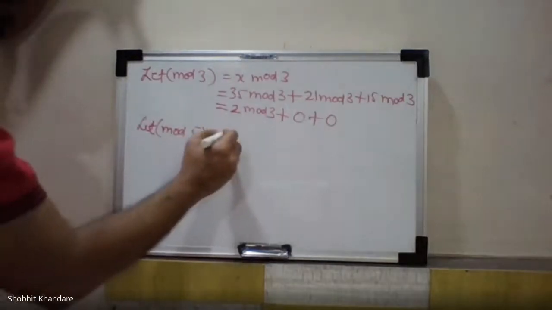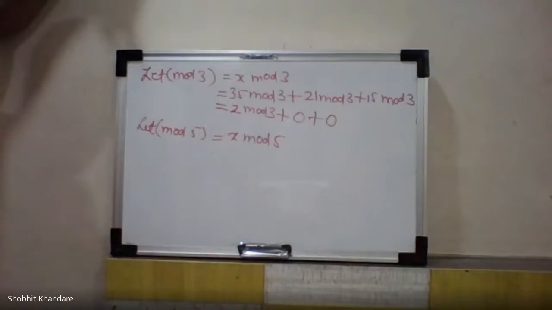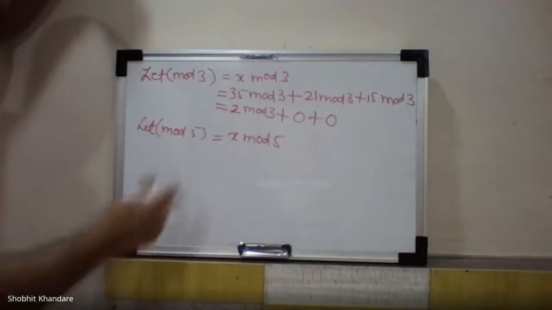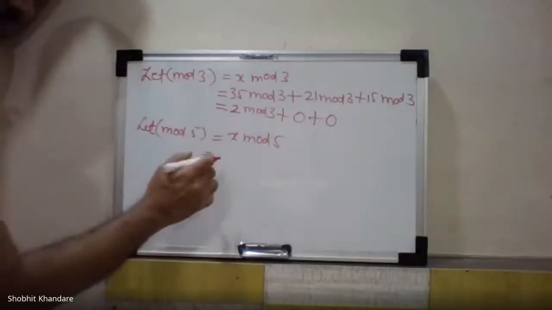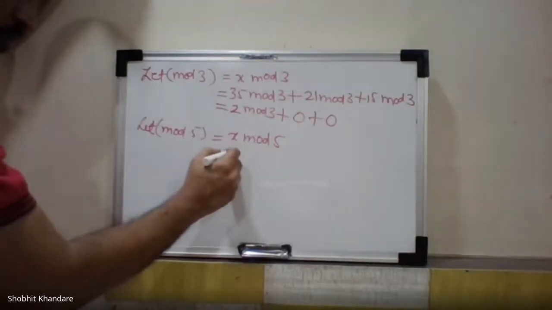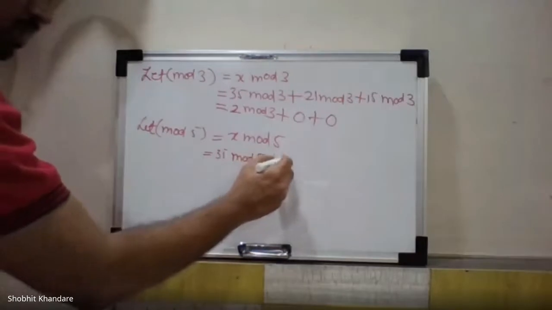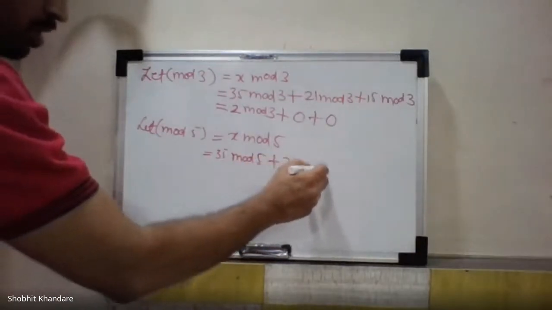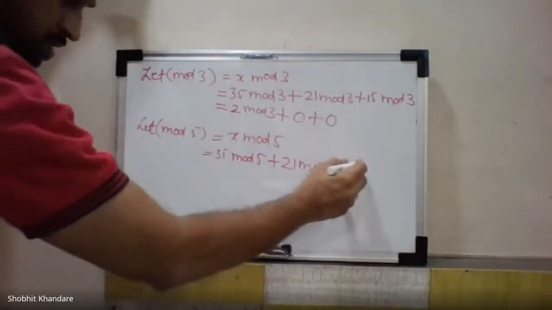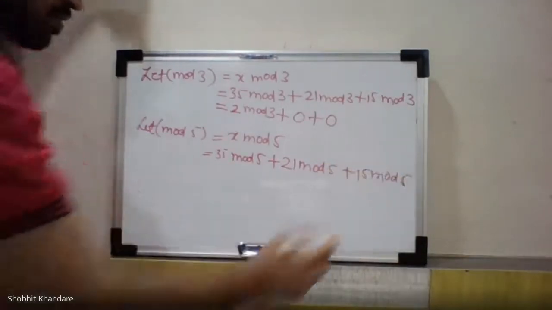What was yours for mod 5? x mod of 5. Okay. So you can write down x as 35 mod of 5 plus 21 mod of 5 plus 15 mod of 5.